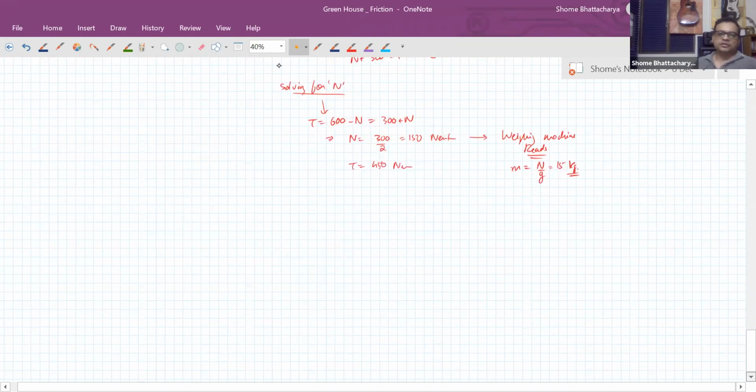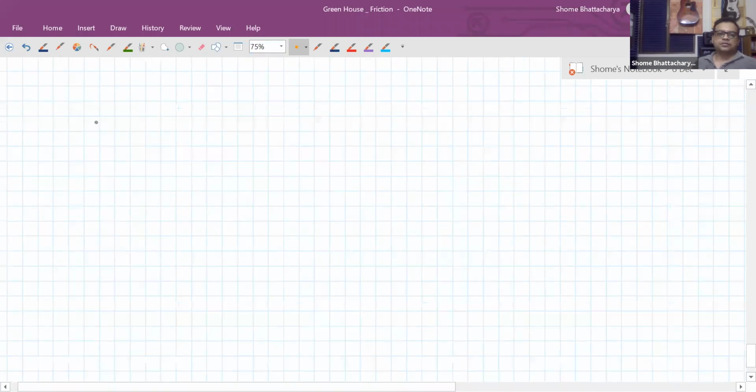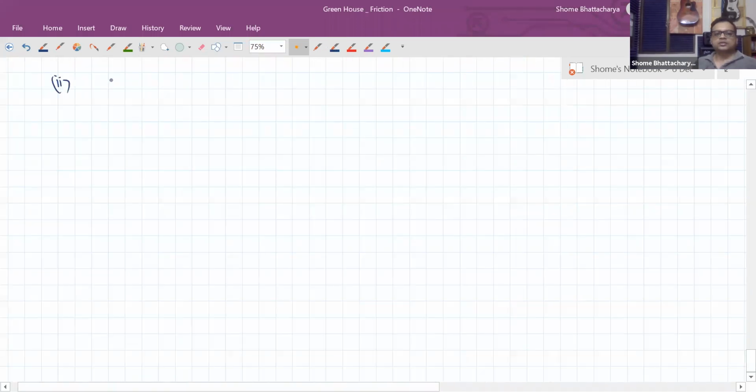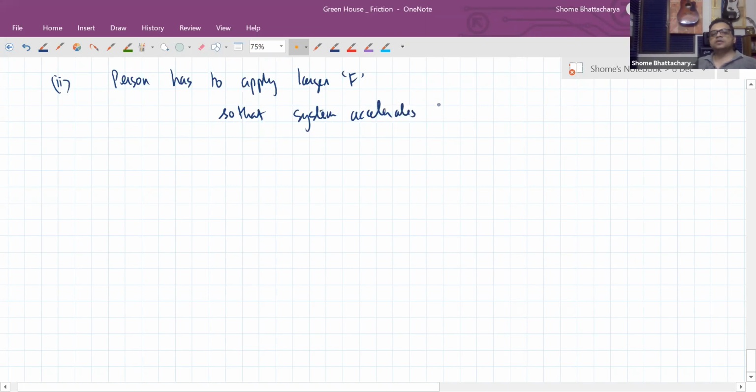Okay, now in the second part, what he's trying to do is the person has to apply a larger force so that the system accelerates upwards and normal reaction increases to 60 G, so that the reading of the weighing machine becomes 60 kg.